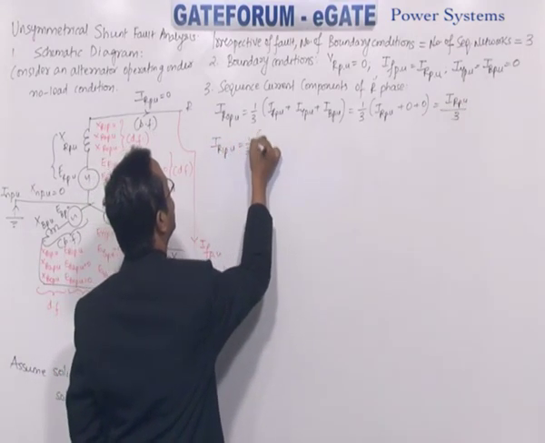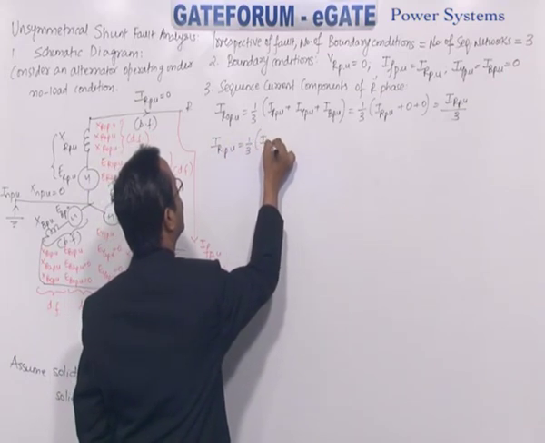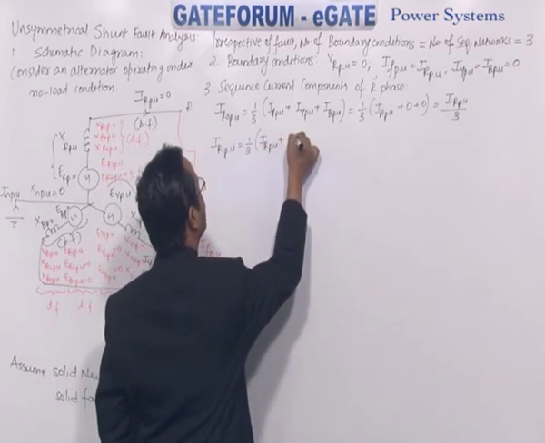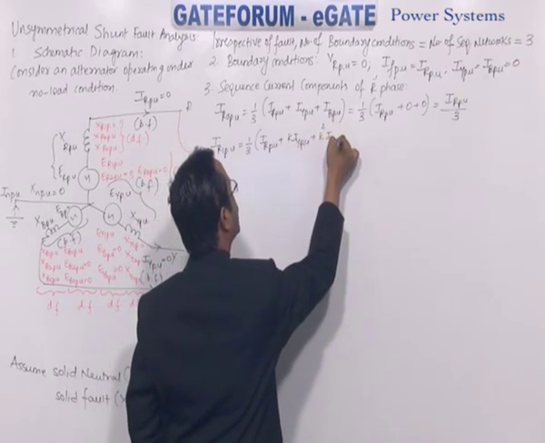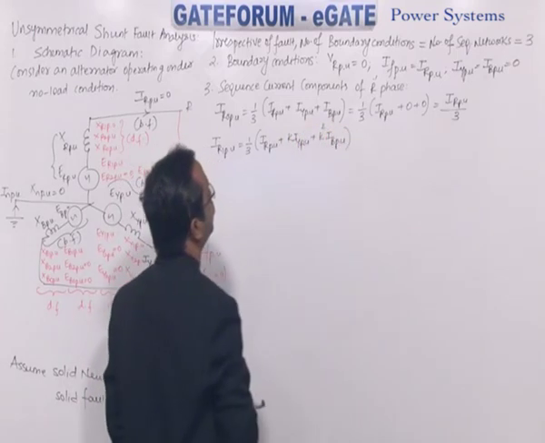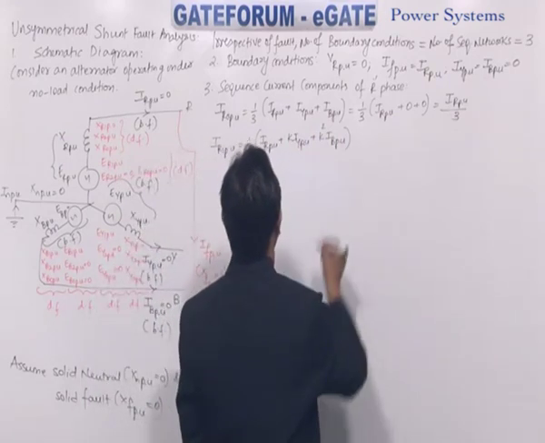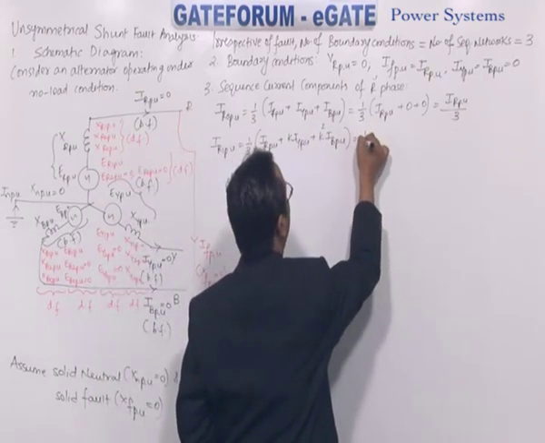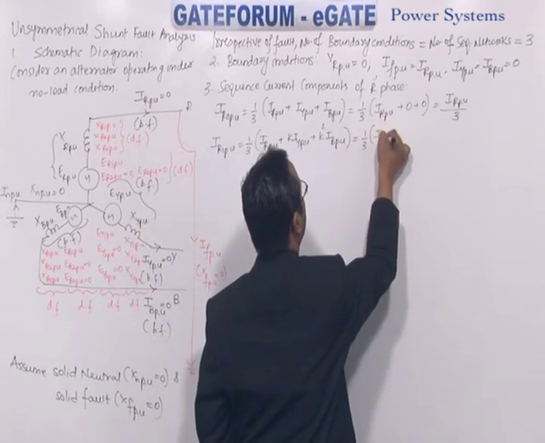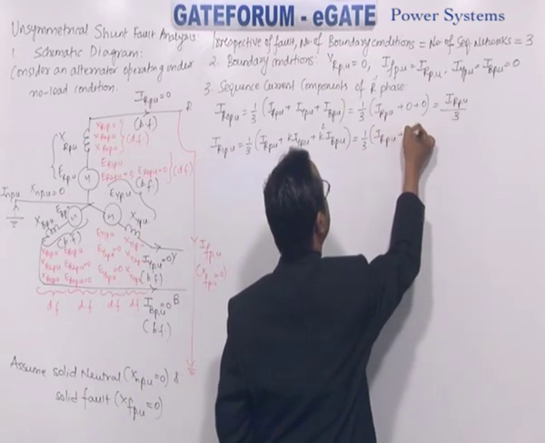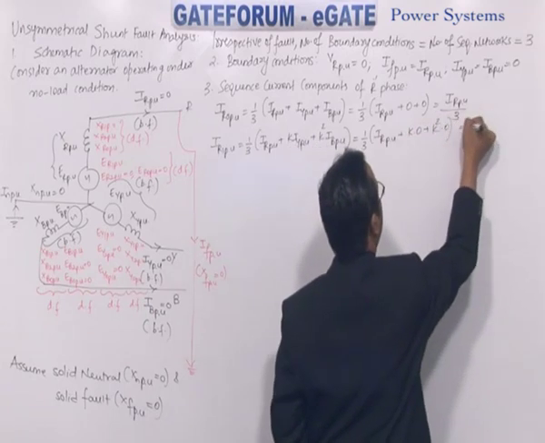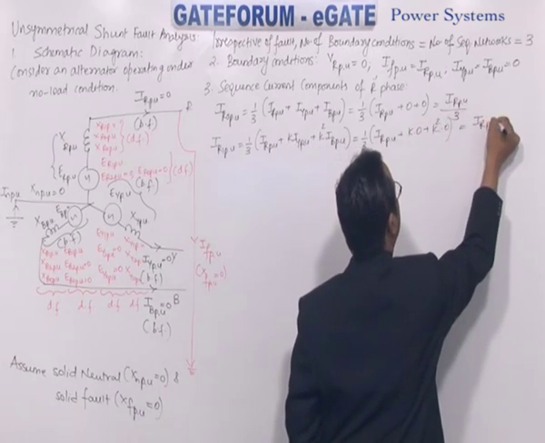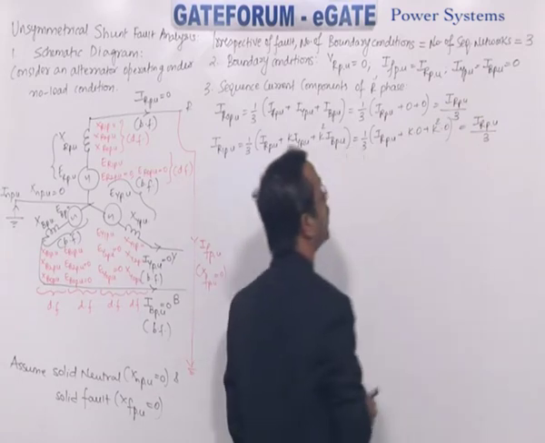How much? 1 by 3 times IR plus K IY plus K square IB. So how much do you get now? 1 by 3 times IR plus IY 0, IB also 0. How much do you get now? IR by 3 per unit.